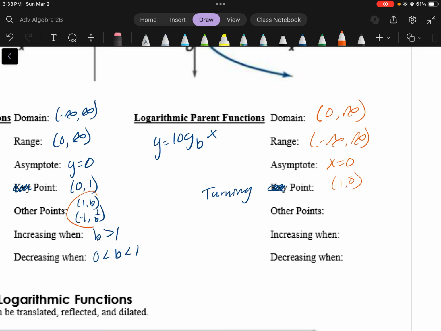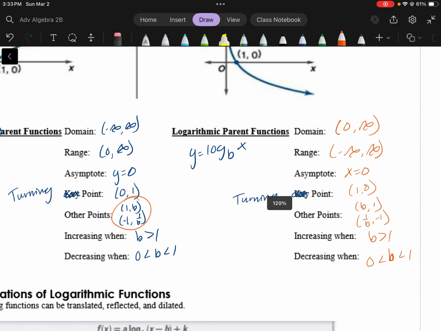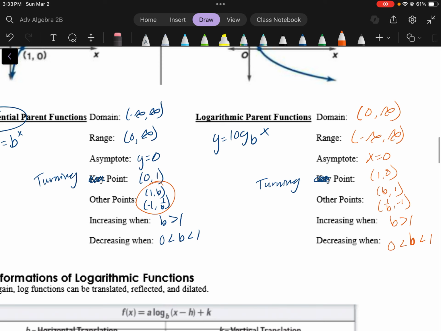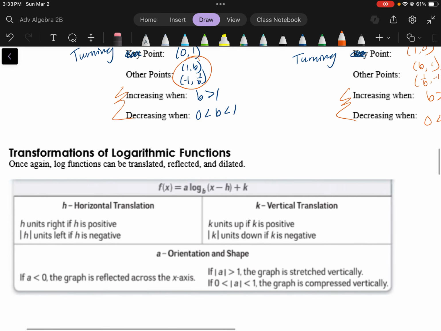For the other two key points, you're just going to switch x and y again. So it's b, 1 and 1 over b, negative 1. And then you're increasing in the same way though. So that's b greater than 1, and decreasing when b is between 0 and 1. Mainly they're just flip-flopping the x and y values, which makes sense because they're inverses, except be careful with your increasing and decreasing. Those are the same no matter what. You just need to know what the b value does.